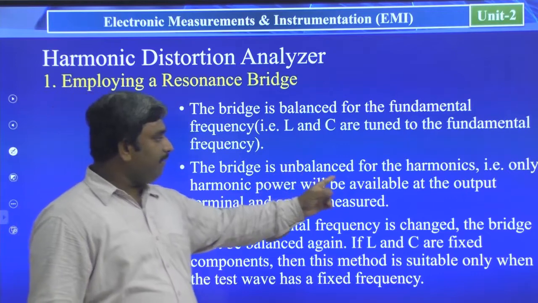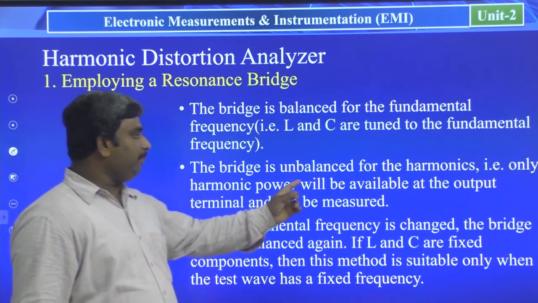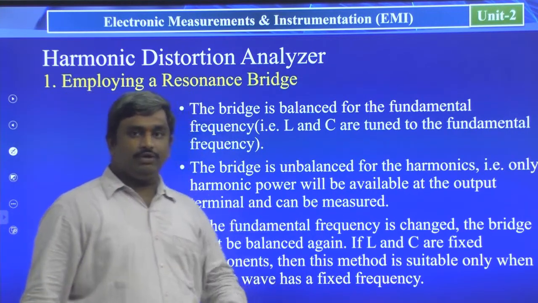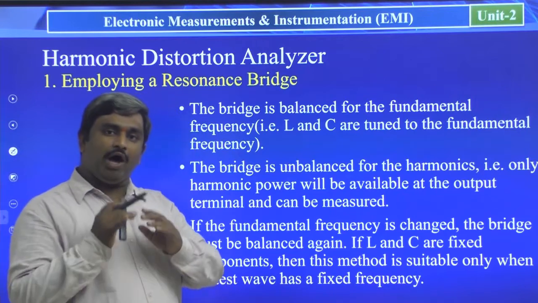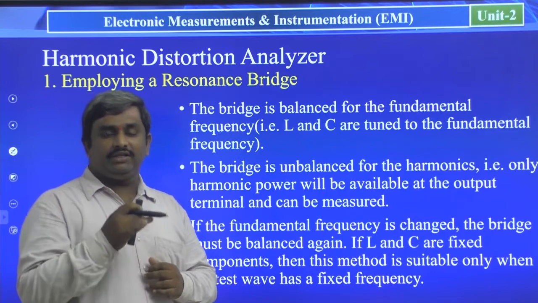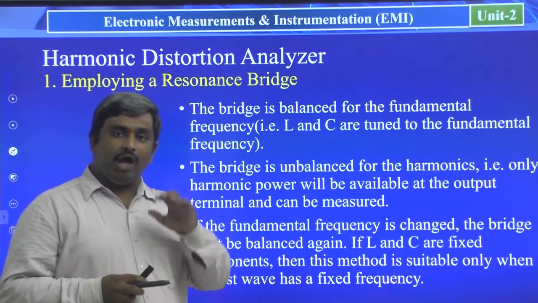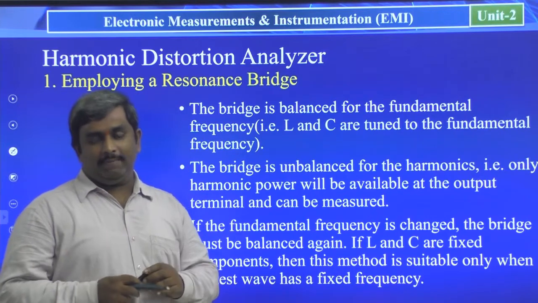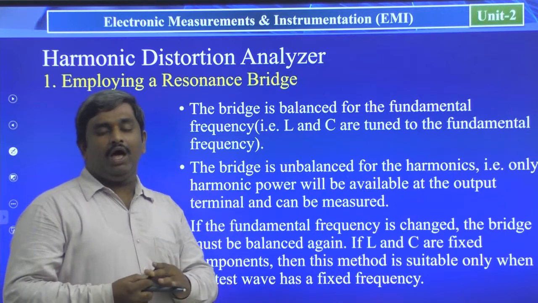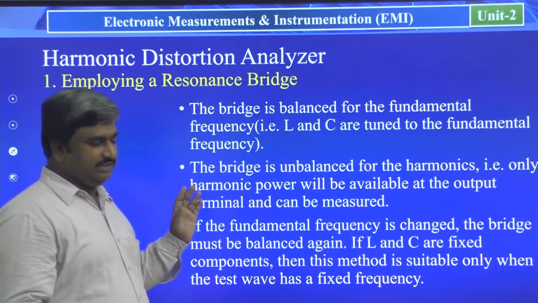The bridge is unbalanced for the harmonics. That is, only harmonic power will be available at the output terminal and can be measured. Whenever harmonics are present, the bridge is not going to be balanced. Whatever the differences are, the harmonic magnitude or amplitude information will be measured at the harmonic meters, at the point of the harmonic measuring devices.